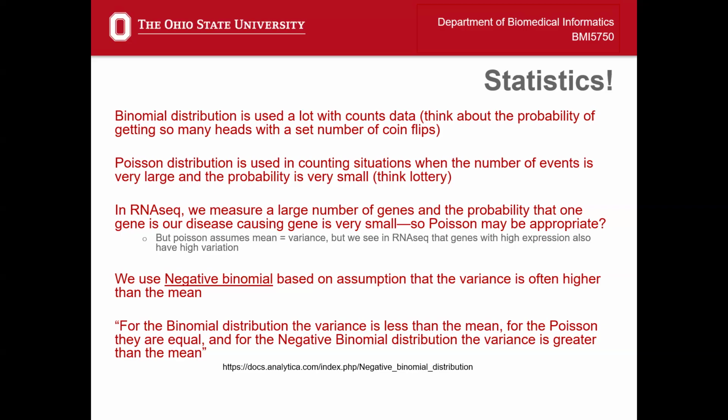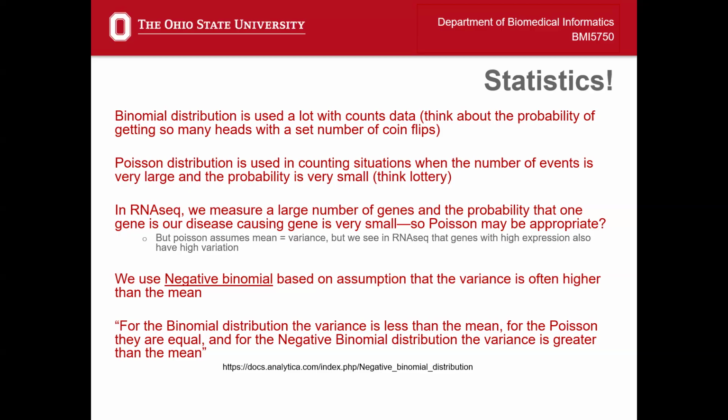you would read that there's a binomial distribution, and this is used a lot of the times with counts data. So thinking about the probability of getting so many heads when you're flipping a coin. That is counting, just very simple counting.